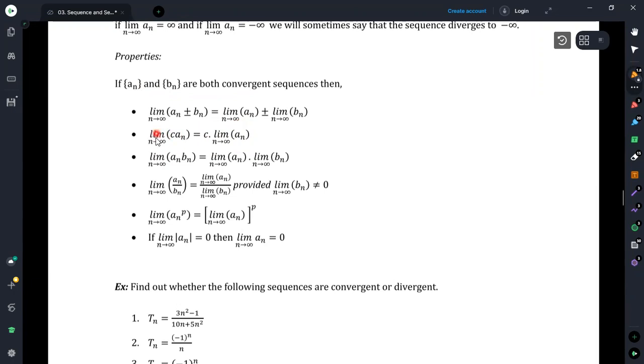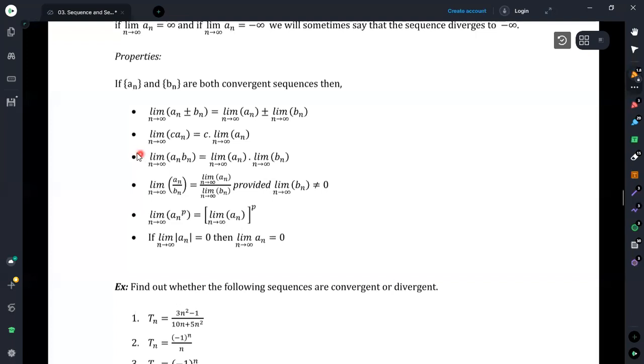Therefore, we can say that this limit exists and it is a finite value. So if you obtain a new sequence by multiplying an existing convergent sequence by an integer or a constant, the new sequence will also be a convergent sequence.